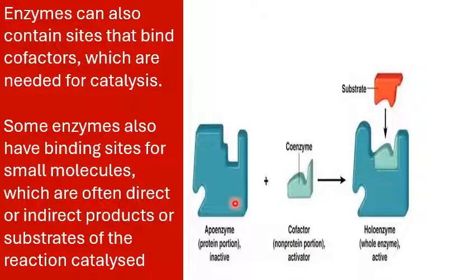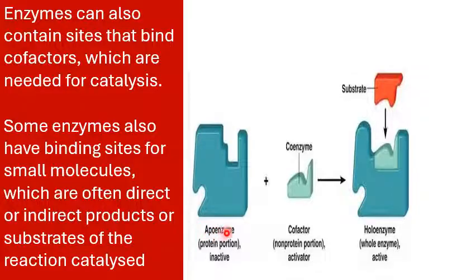So they have a binding site that allows some small molecules, which are often direct or indirect products of the substrate they are catalyzing, to be attached to their structure. So when they are denatured, some of these become disabled and become less functional.